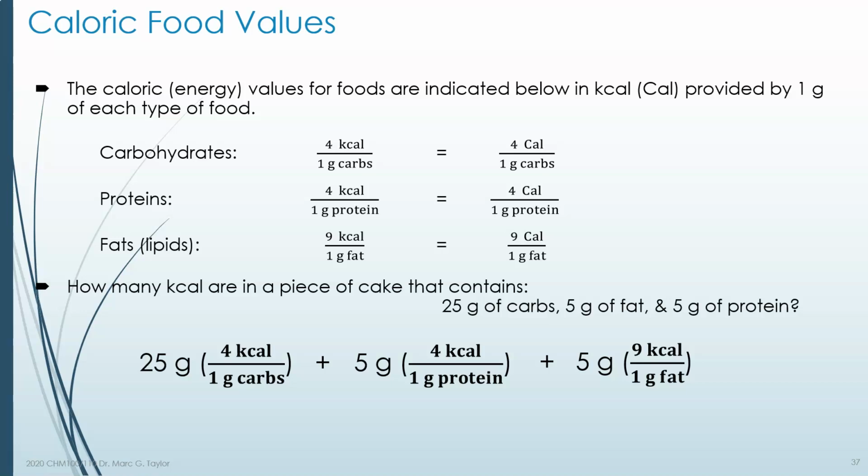And when you multiply these out, you get 100 calories, or big C calories, or kilocalories, from carbs. You get 20 kilocalories, or big C calories, from protein, and you get 45 big C calories, or kilocalories, from fat. And when you add these three numbers together, you get 165 kilocalories, or 165 big C calories.